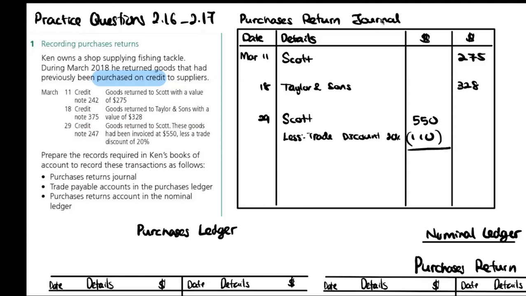We have to reduce that, so we have 440. We just add everything together: 275 plus 328 plus 440, that's 1043. So this will be my total purchases returned for the month.